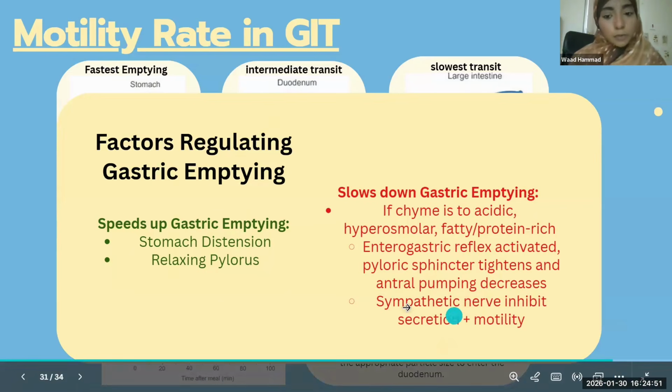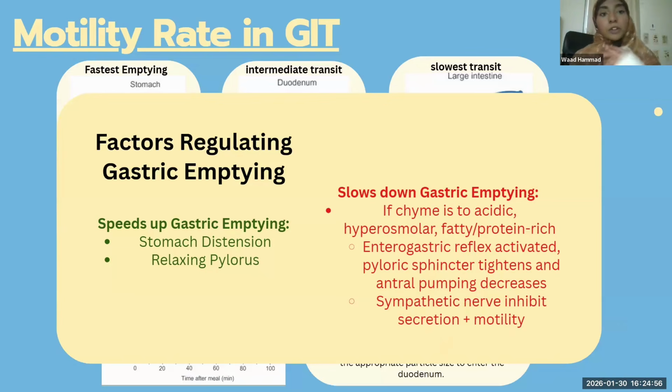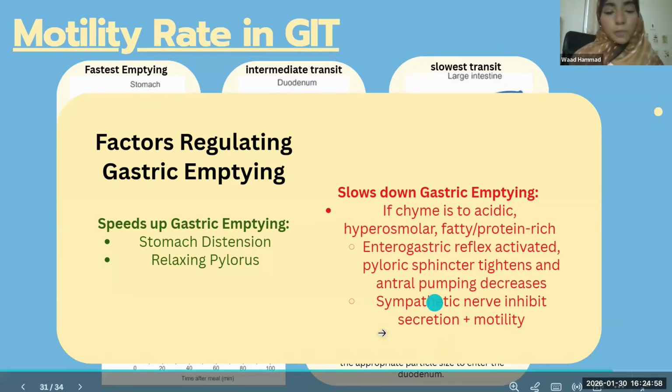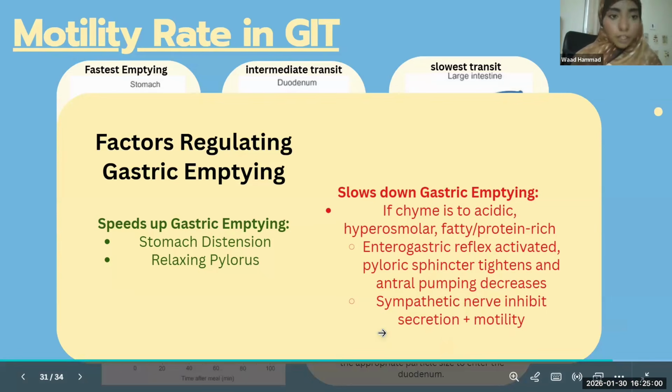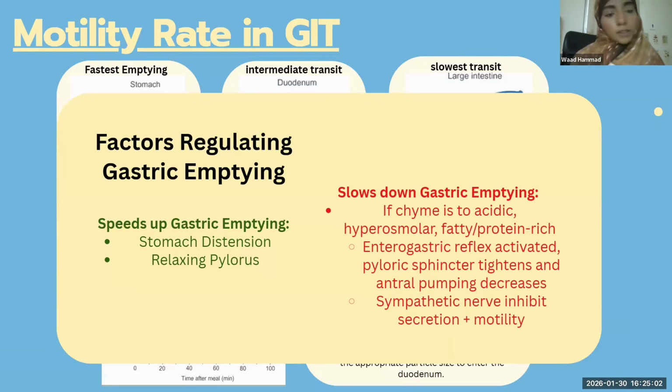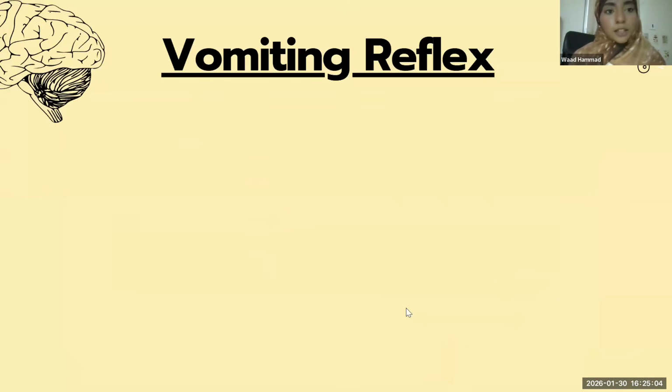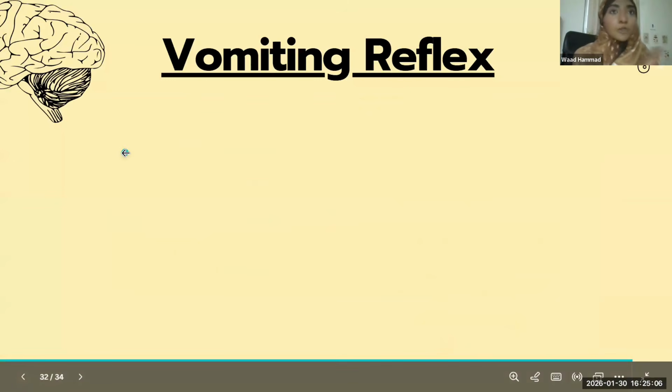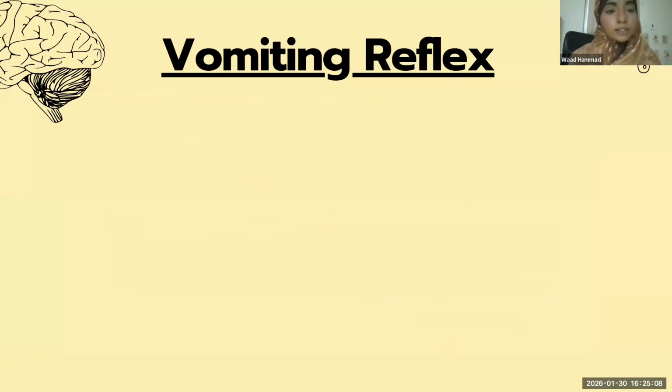So again, as I said before, when we don't want rest and digest, when we don't want gastric emptying, when we want nothing to do with the digestive system, we activate the sympathetic nerves so that there's less secretion, less emptying, less motility. Again, what I want you to know most importantly from the previous slide is that liquids have the fastest gastric emptying, and the stomach is where gastric emptying happens the quickest.